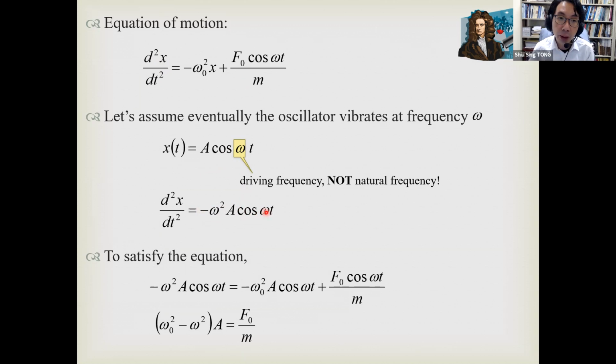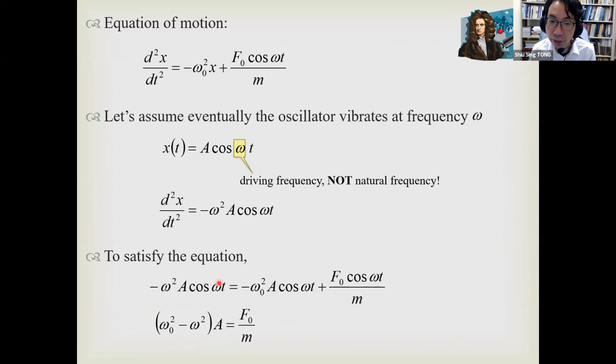Okay, so the left hand side is something like this: minus omega squared, a cosine omega t. The right hand side, for this term we have minus omega naught squared, which, note that these two terms are different, a cosine omega t, and also I have the fourth term. The fourth term is f naught cosine omega t over m. Now immediately you can see the cosine factor cancels, leaving you an algebraic equation which is independent of t, right?